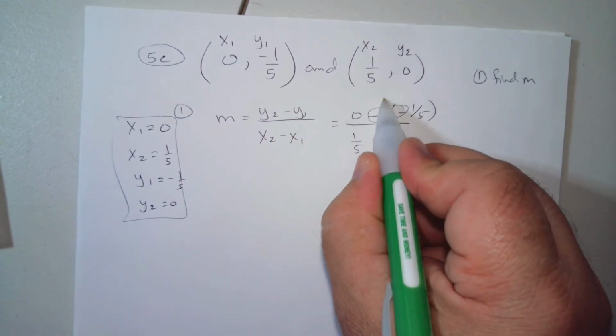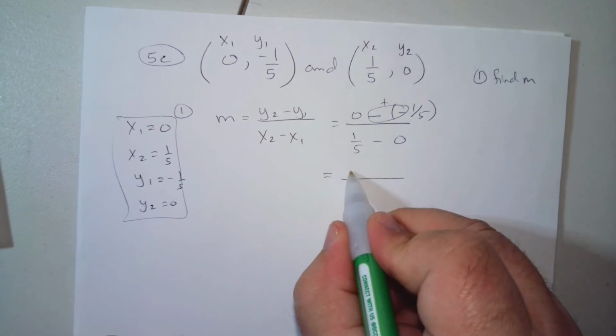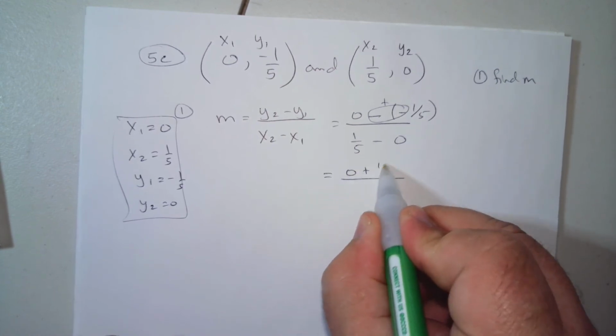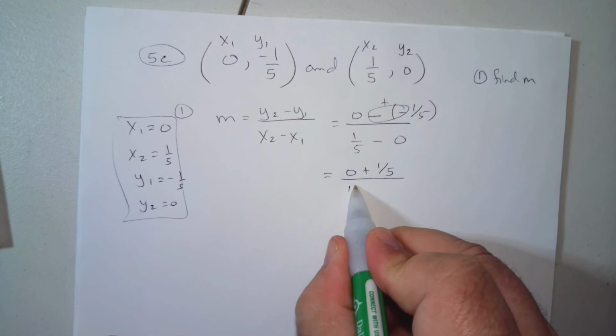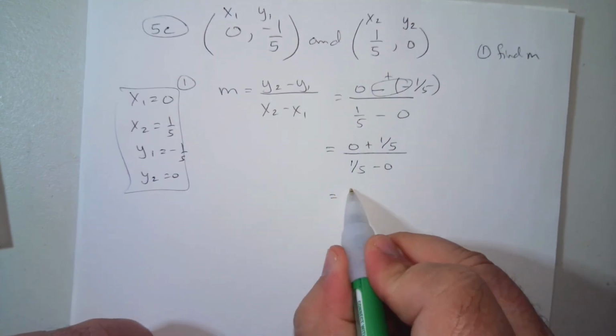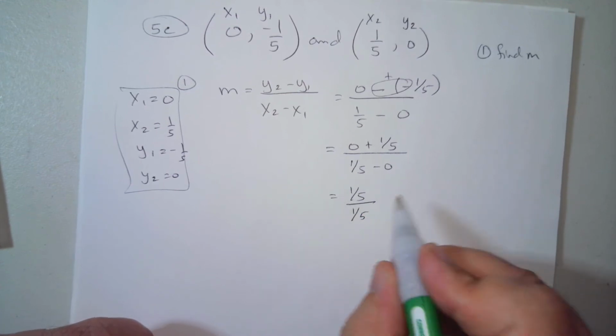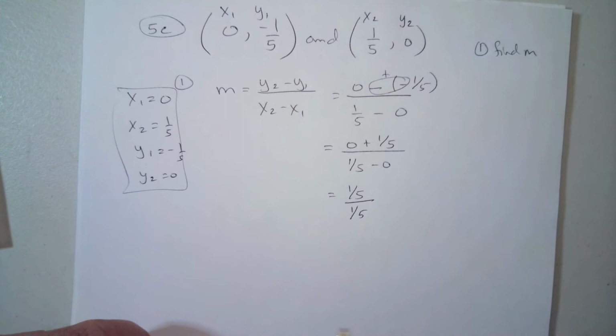So the two negatives become a positive. So 0 plus 1/5, over 1/5 minus 0, so 1/5 divided by 1/5. Since it's the same thing, it has to equal 1.